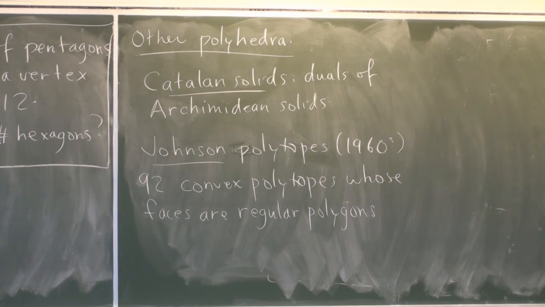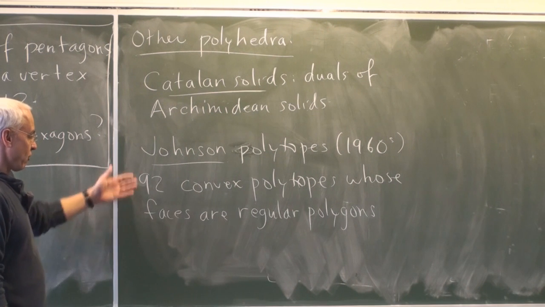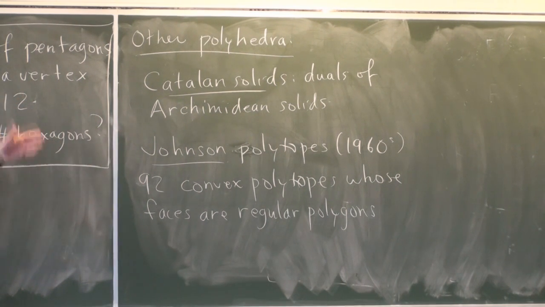Equilateral triangles, squares, regular pentagons. You can use whatever you want as long as they're regular polygons, and you have to make a convex polytope. Of course, the Platonic solids and Archimedean solids fit into this category, but there are others as well.